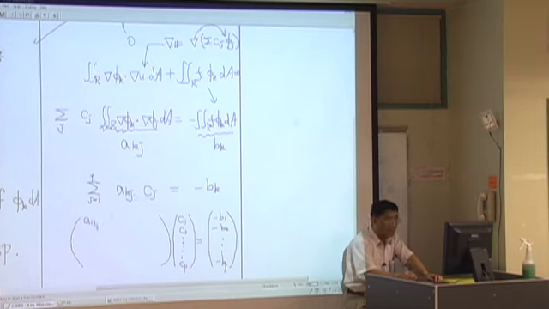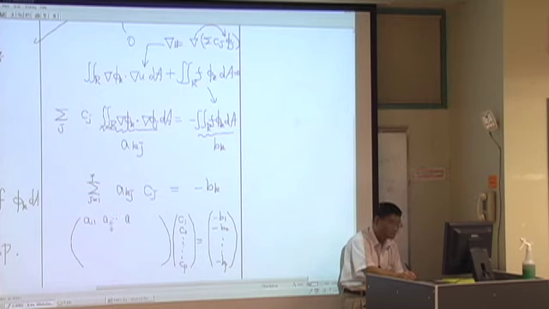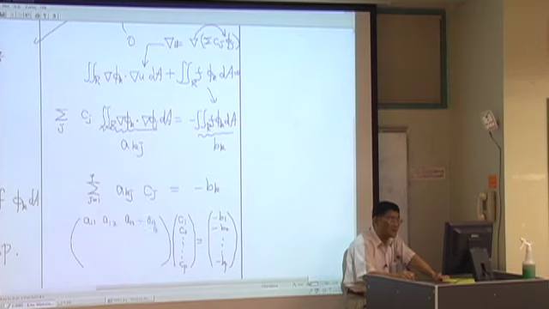So A11, A12, A13, and so on up to A1P, and then A21, A22, A23, up to A2P, and generally AP1, AP2, and then APP.